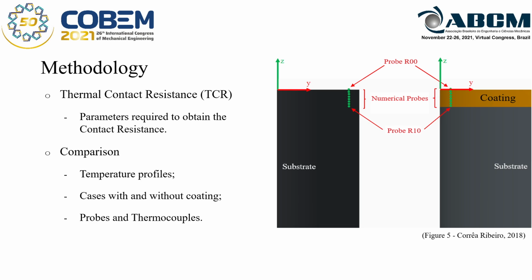Another factor that was considered in the work in order to seek a better representation of the real case is the thermal contact resistance (TCR) between the parts under analysis.